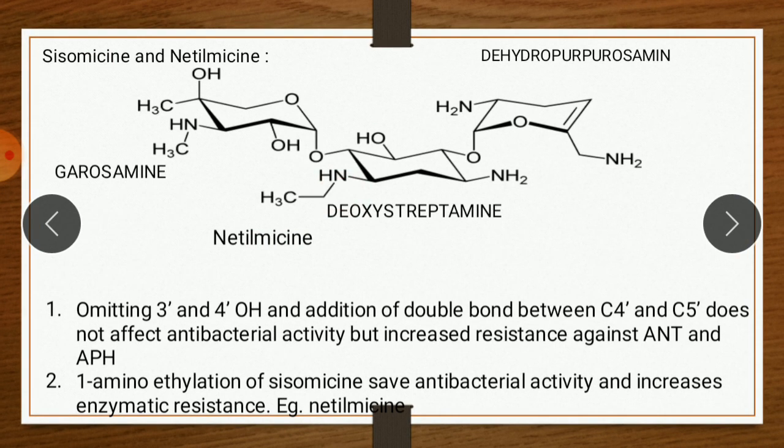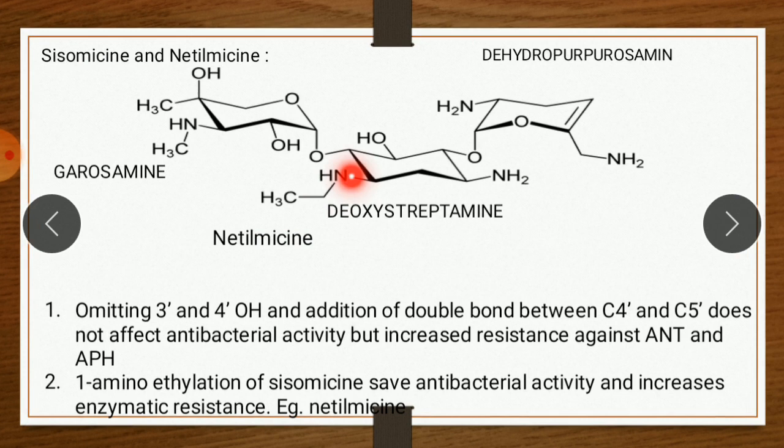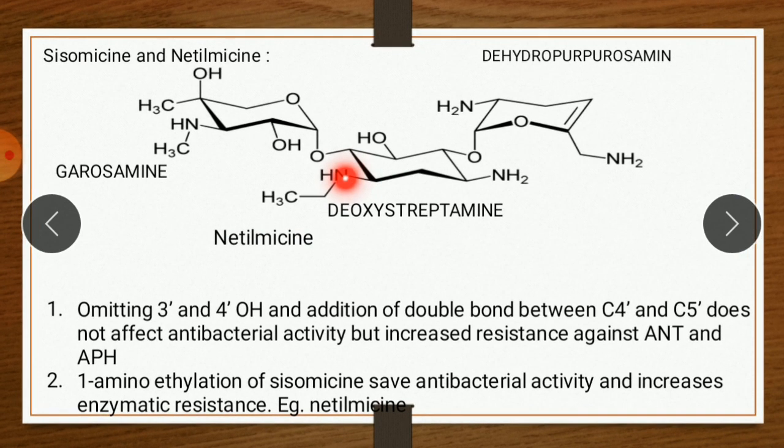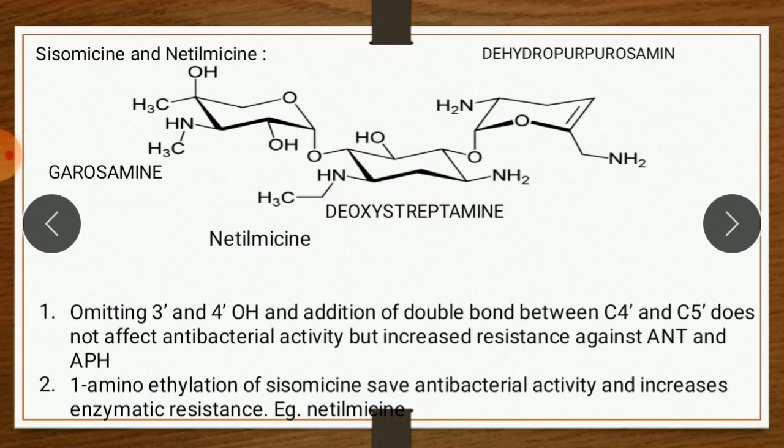So when there is an NH2 here, the structure is called Sizomicin. But when there is an ethyl group, it is called Netilmicin. It also contains the rings deoxystreptamine, dihydropurpurosamine and garosamine.